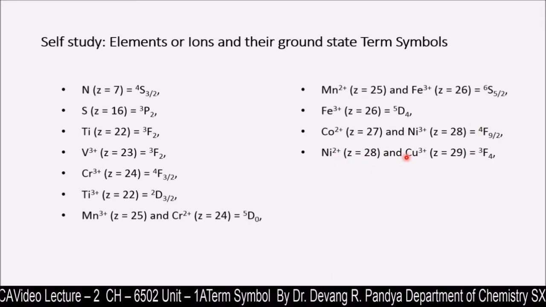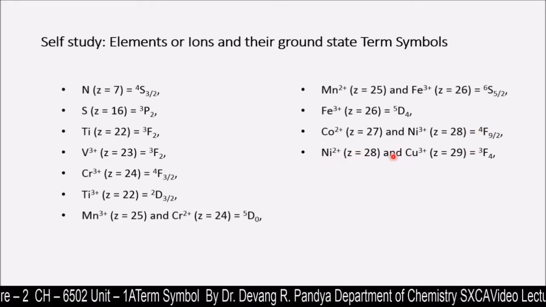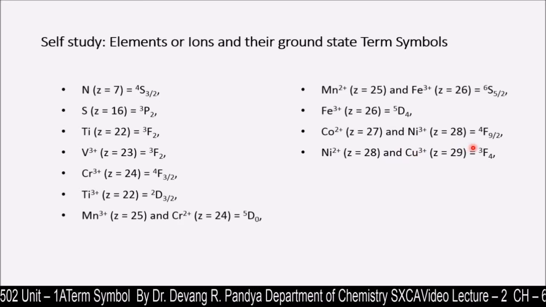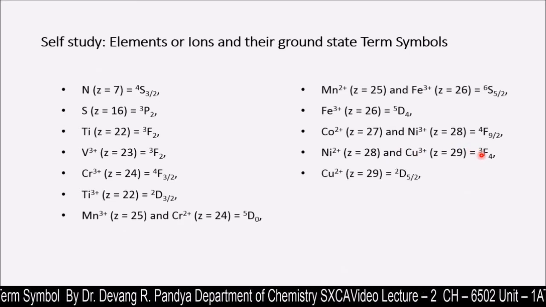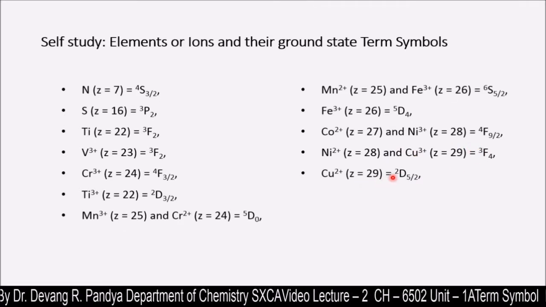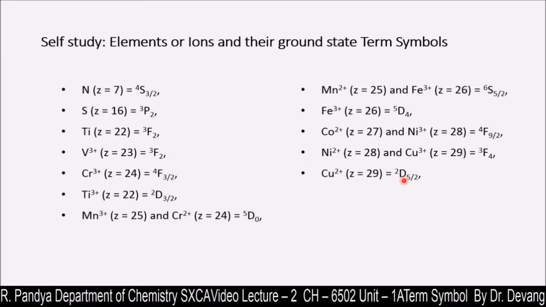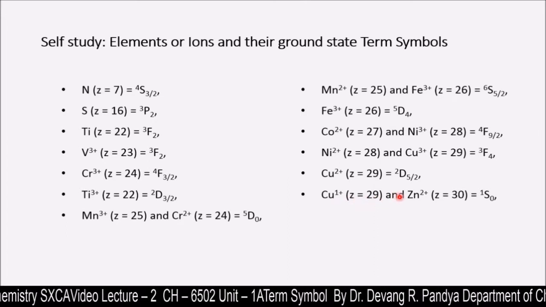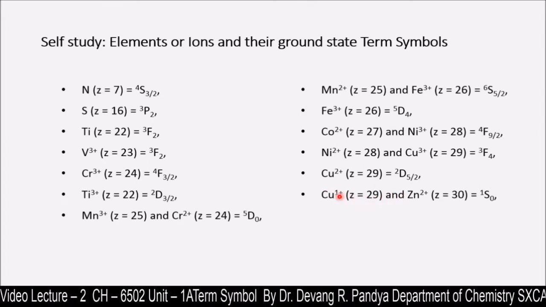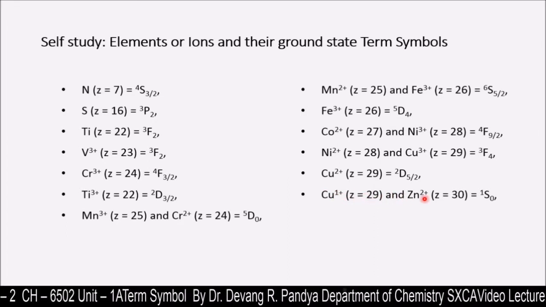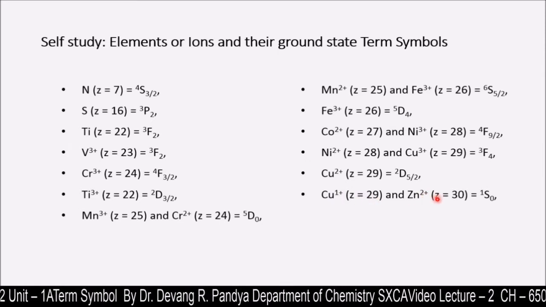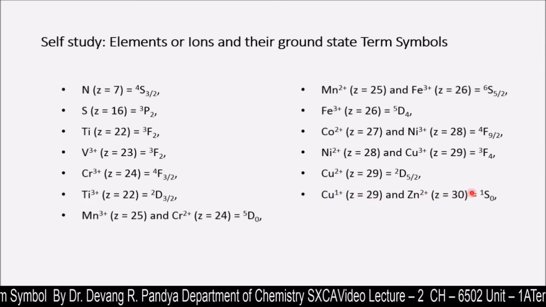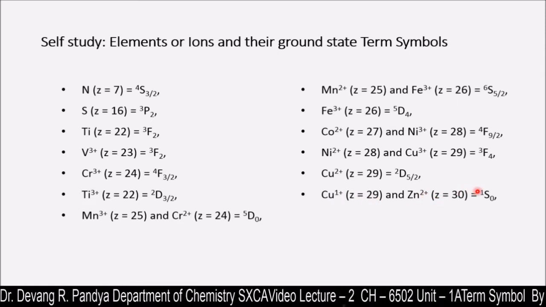For nickel plus 2 and copper plus 3, isoelectronic arrangement, we have triplet F4. For copper plus 2, we have doublet D 5 by 2. For copper plus 1, Z is 29, that is cuprous, and zinc plus 2, which is isoelectronic, we have singlet S0.